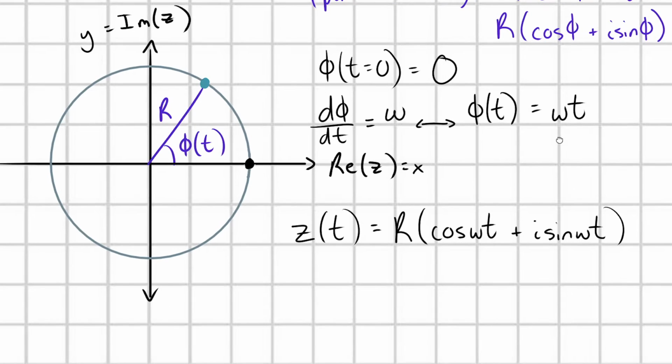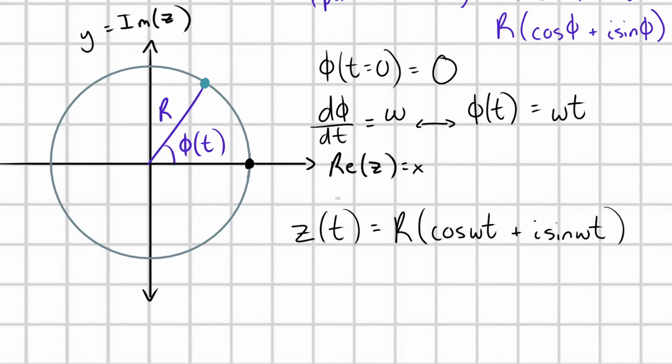Beautiful. Let's verify that this satisfies our initial condition, that phi at t equals 0 equals 0. If I plug in 0 for both of these t's, then omega t goes to 0 as well, just multiplication by 0. Cosine 0 equals 1, and sine 0 equals 0, so we have r times 1, and that's going to spit out r.